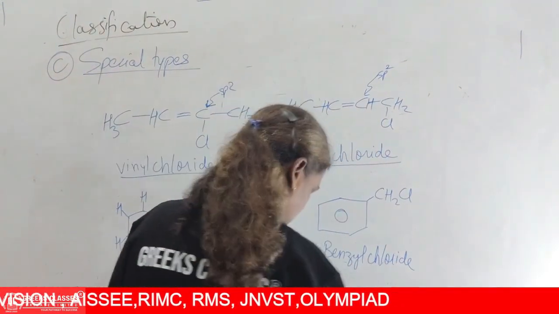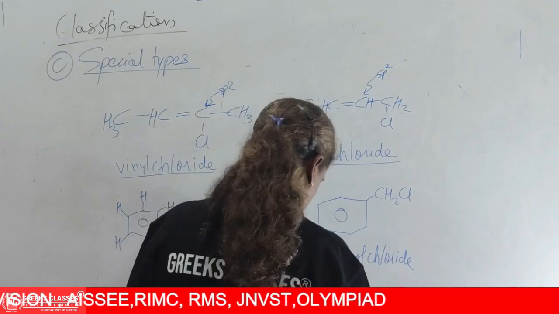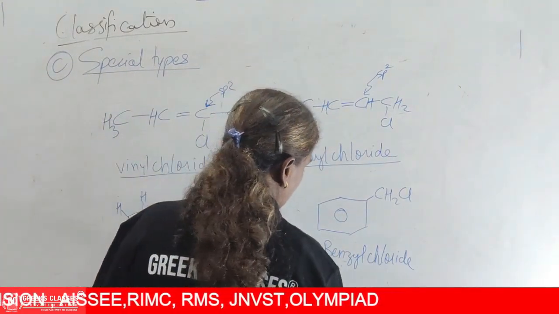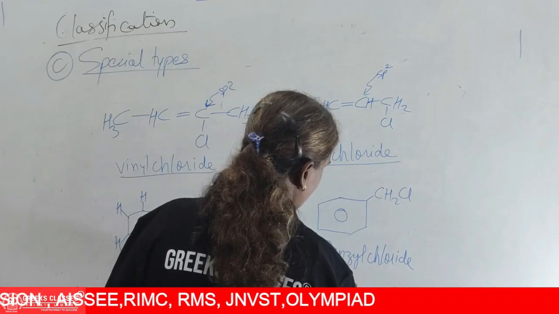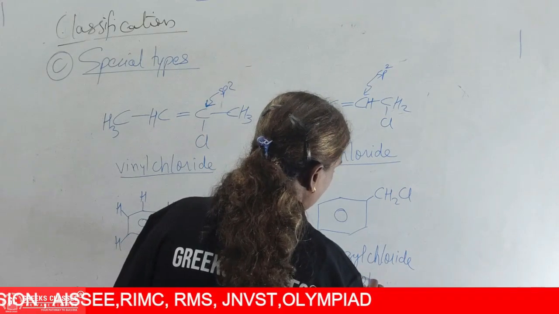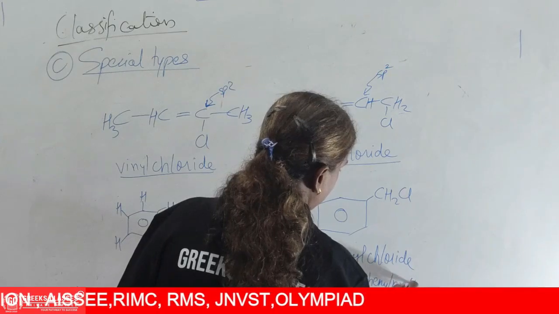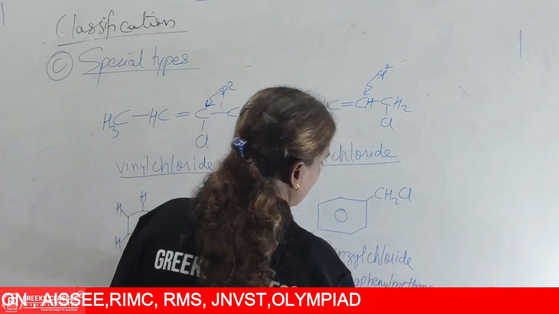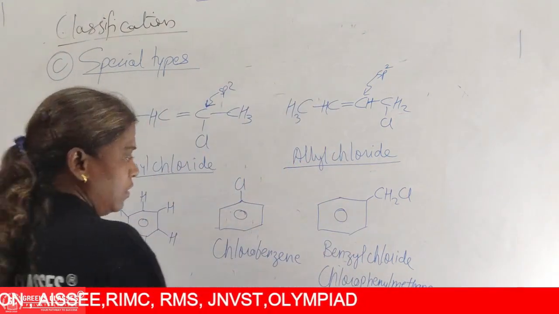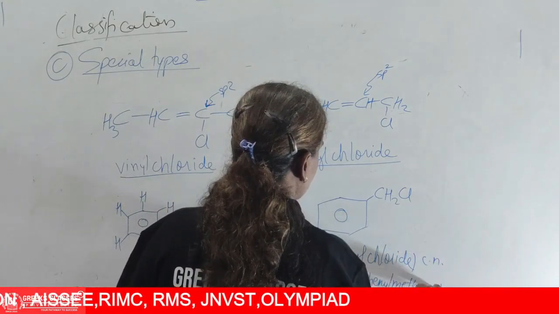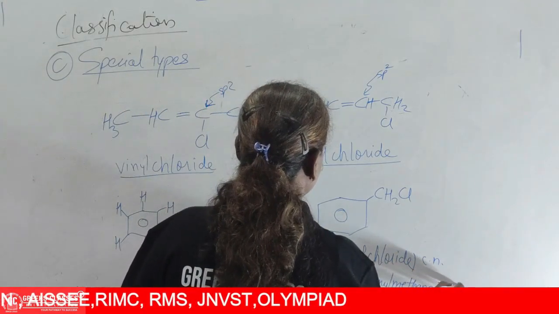Okay, chloro. Now, alphabetically, we know that we should number them alphabetically. So this would be chlorophenylmethane. Chlorophenylmethane. So this one is actually a common name and this one is the IUPAC name.